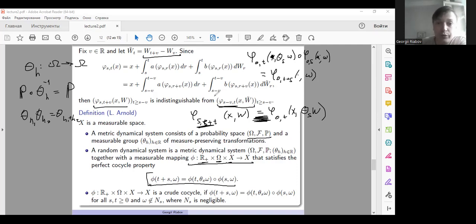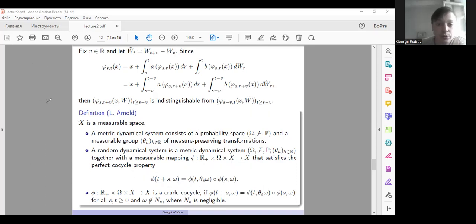This point of view can also be described as follows. We have a family of mappings phi that are indexed by time and omega, and each realization of omega produces one mapping phi t.